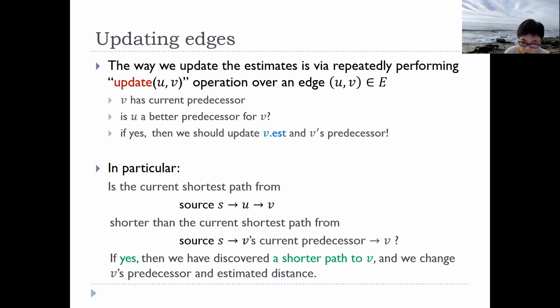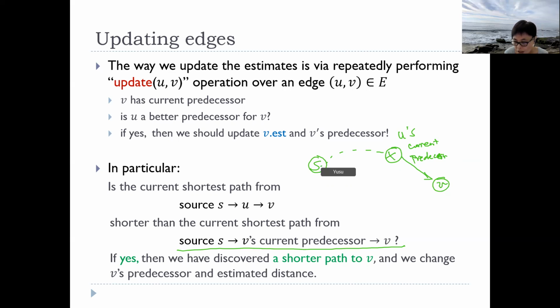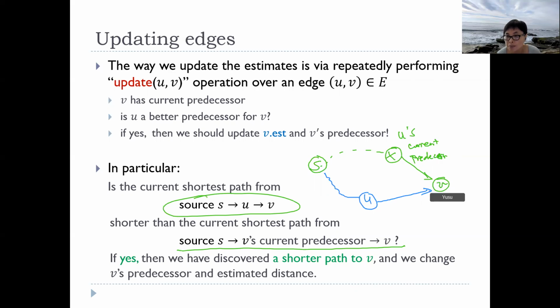We said that I already know there's some path going from source S, using the current predecessor, and then to V. So I already have a path from S to X to V, where X is the predecessor along the best estimated path we found from S to V. So now you ask, if I do the best way going from S to U using my current estimate and then from U to V, is this path better?